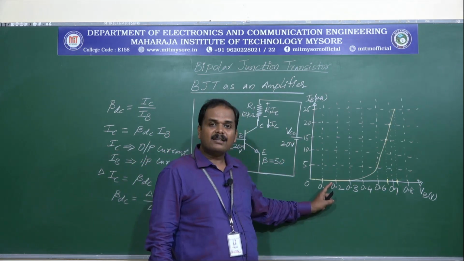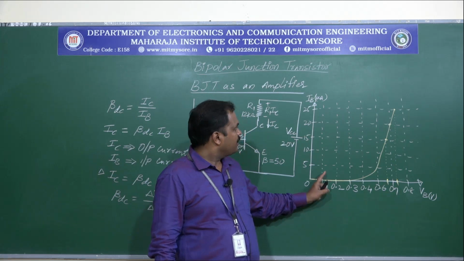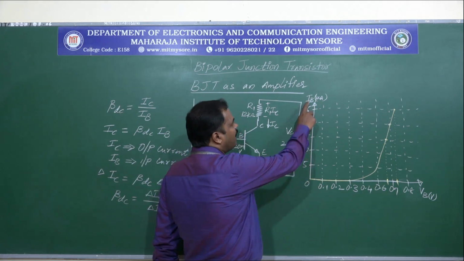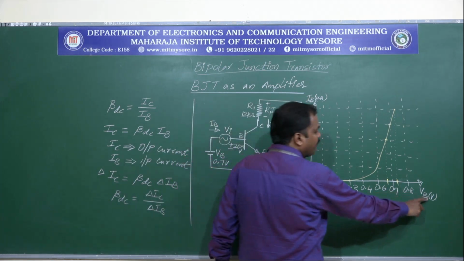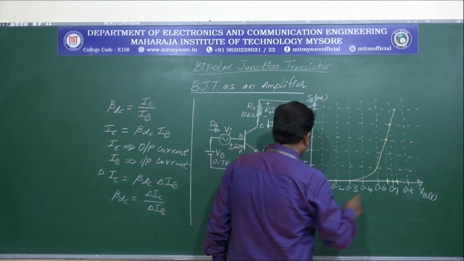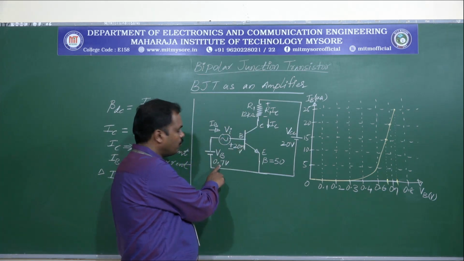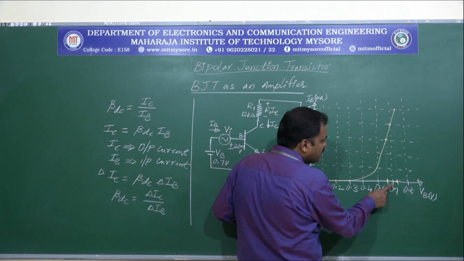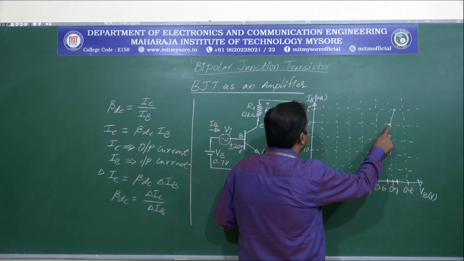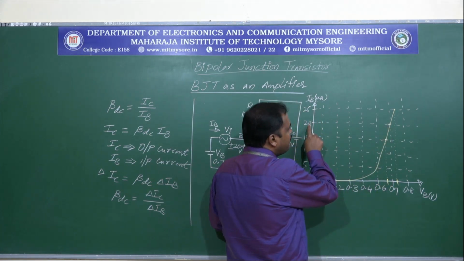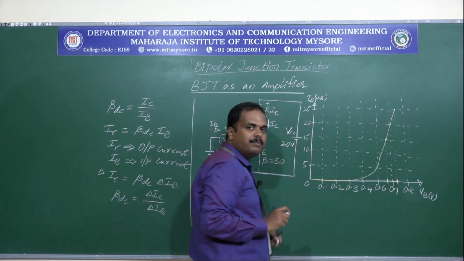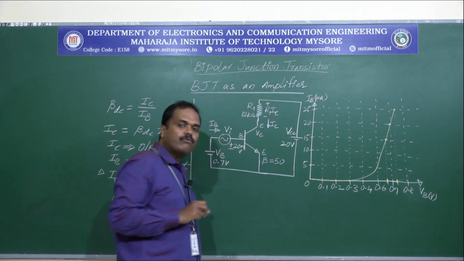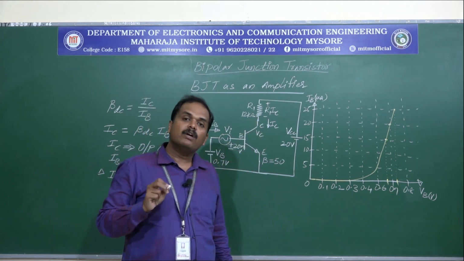Now consider these input characteristics for this circuit. Here we have IB in microamperes, here we have VB in volts, and VB applied according to the circuit is 0.7 volts. So at VB equal to 0.7 volts, the current IB that we have is 20 microamperes. Let us consider the equations to find out the value of VC.